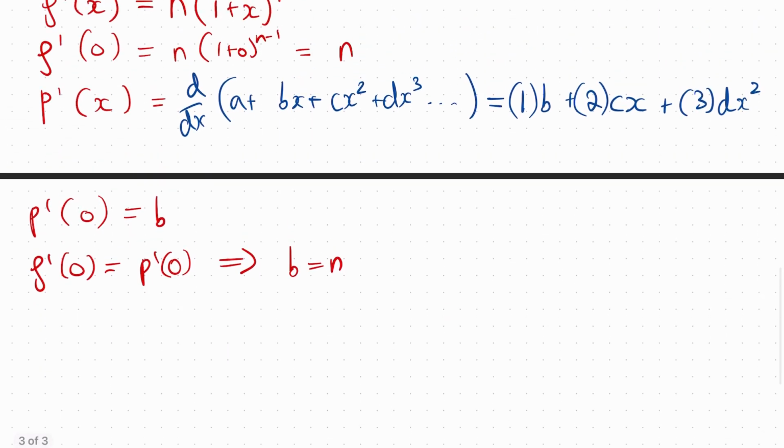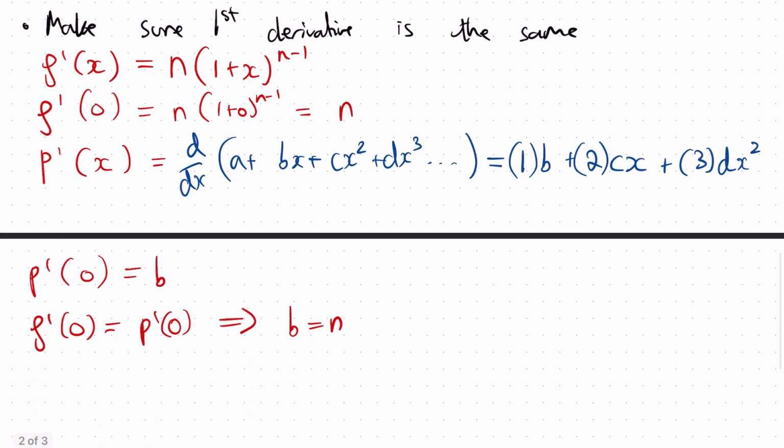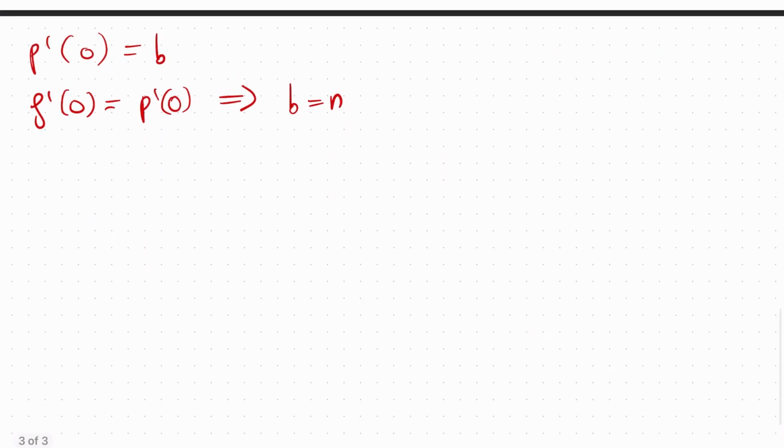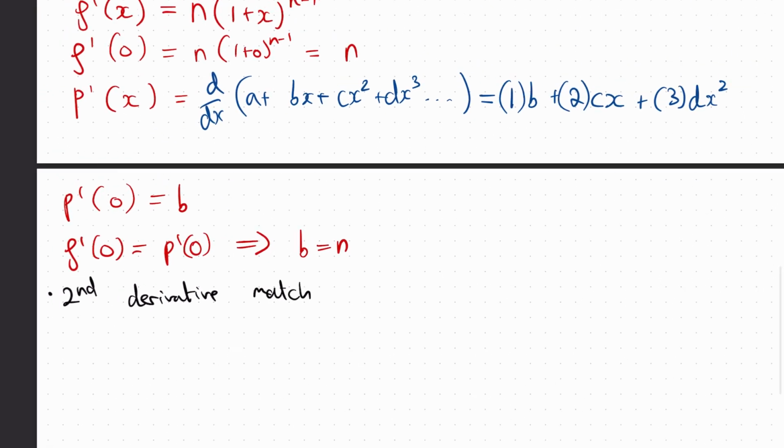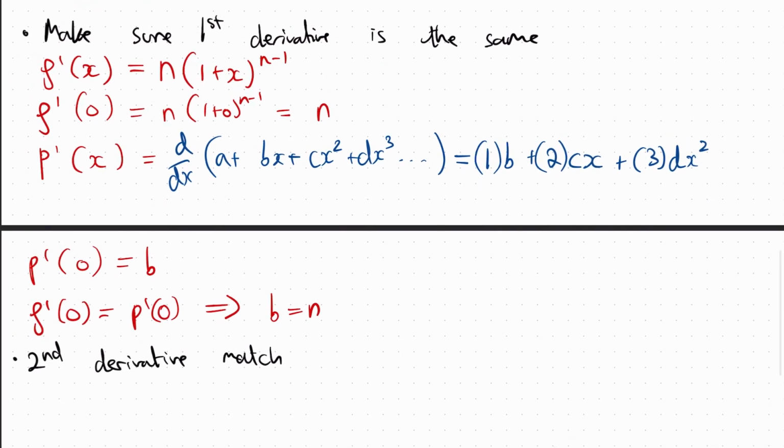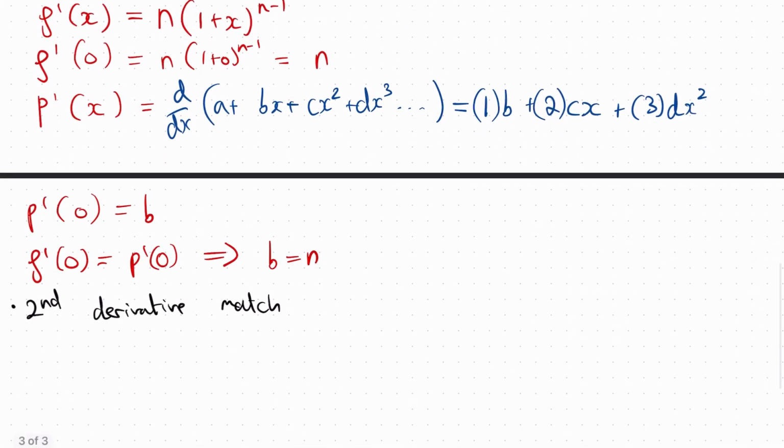Now let's do the exact same process for the second and third derivatives. So second derivative match. And I'll just do this a bit quicker, just so we're not spending as much time doing the same thing.